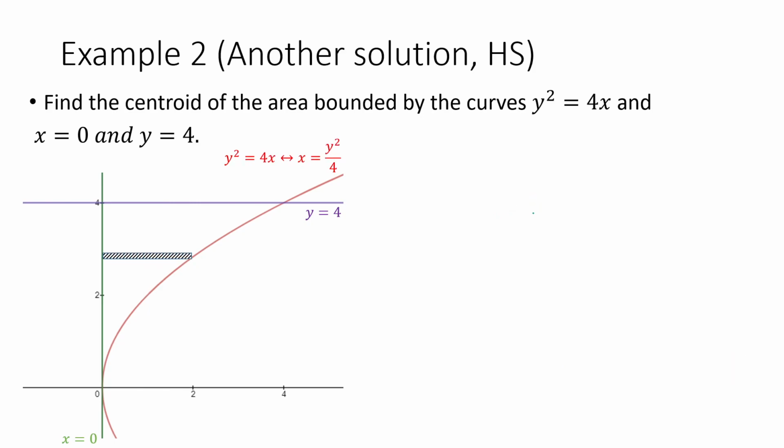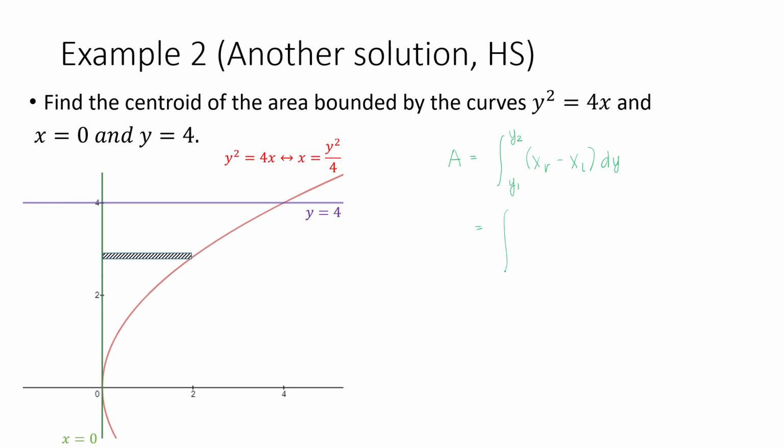Now, let's go to the horizontal strip. So, Mark got another answer, right? So, starting with the area. So, our review: x right minus x left dy from y1 to y2.